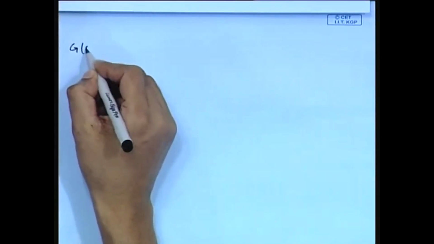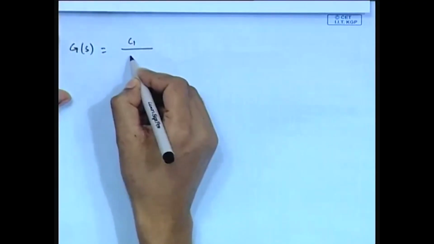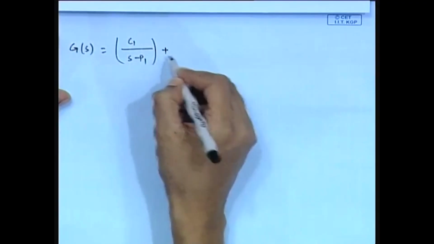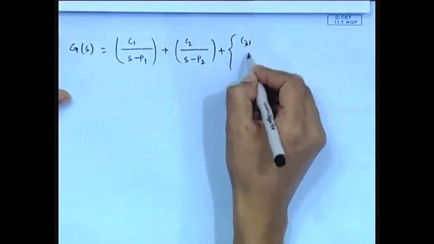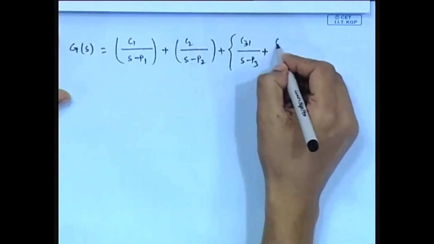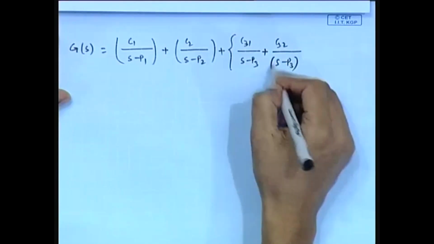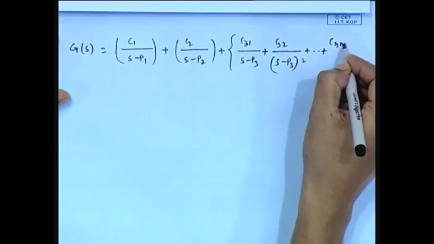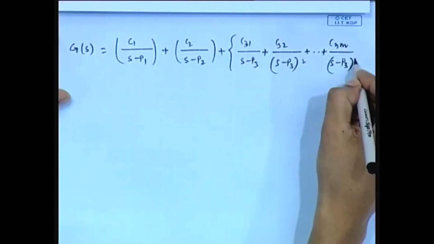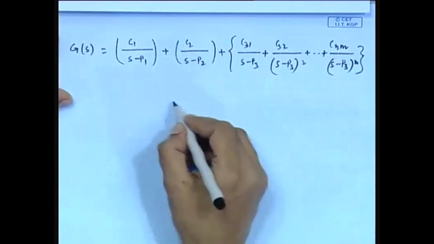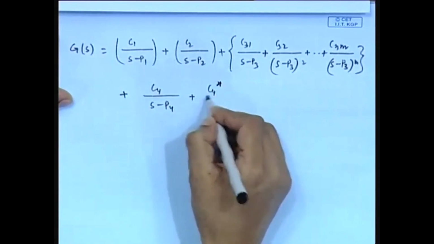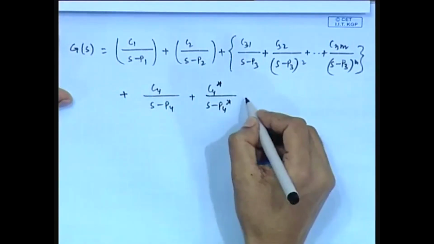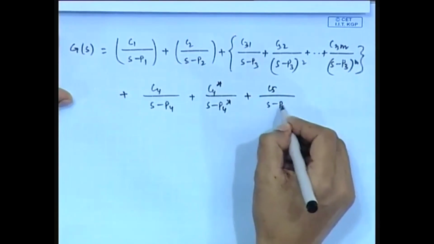I am writing again that G(s) equals C_1 over (s minus p_1), plus C_2 over (s minus p_2), plus C_31 over (s minus p_3), plus C_32 over (s minus p_3) whole square, last term is C_3m over (s minus p_3) whole to the power m, plus C_4 over (s minus p_4), plus C_4 star over (s minus p_4 star), plus C_5 over (s minus p_5).